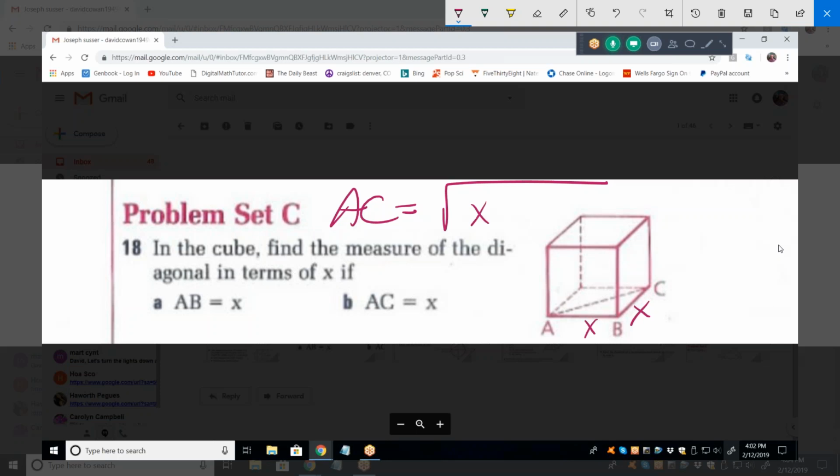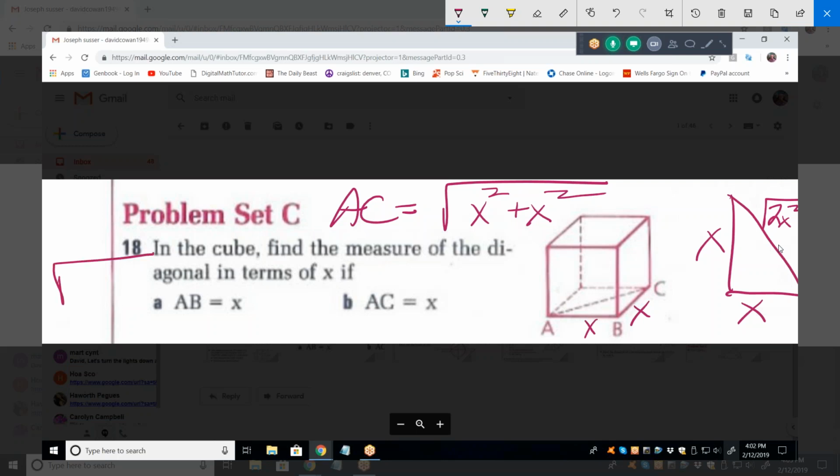So this side is x squared plus x squared. I have a triangle like this, and that's x and that's x. That's the square root of 2x squared. Now, how do I simplify that?